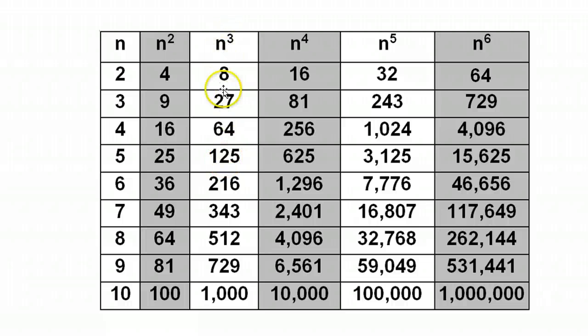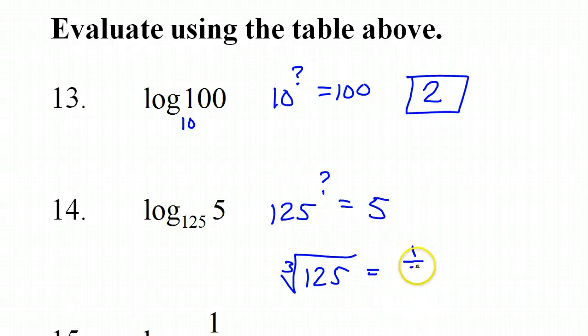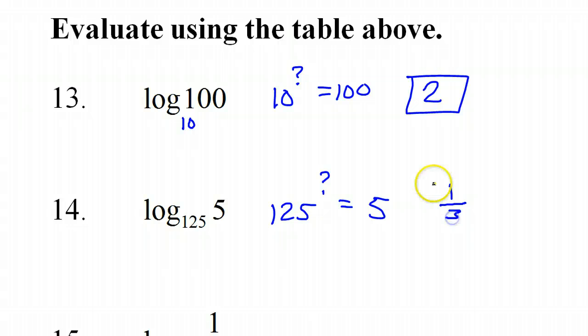The cube root of 125 is 5. Okay, so if I had a cube root, that would do it. Cube root is the same thing as the 1/3 power. Okay, so in this case, 1/3 power would do it.